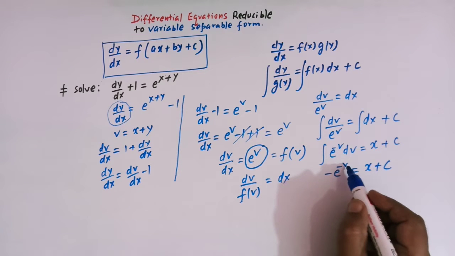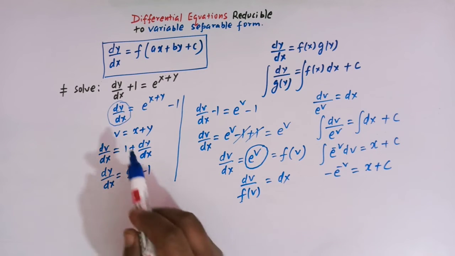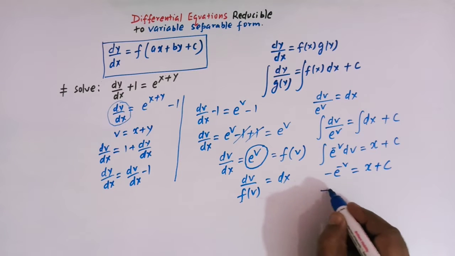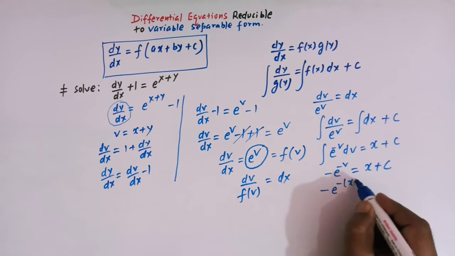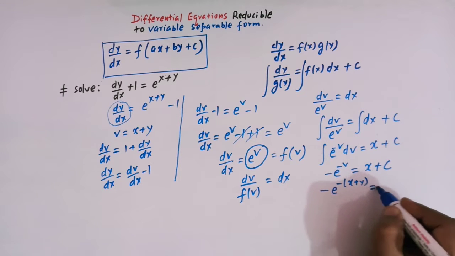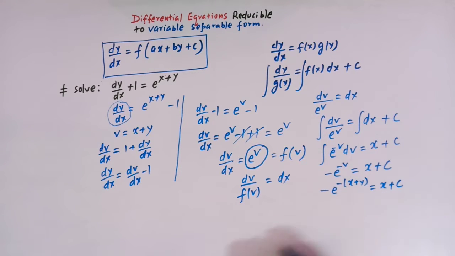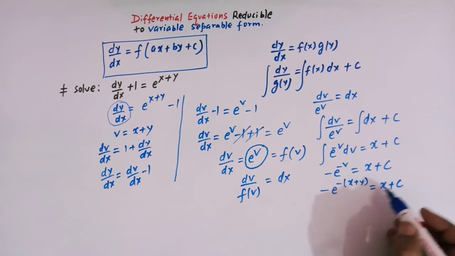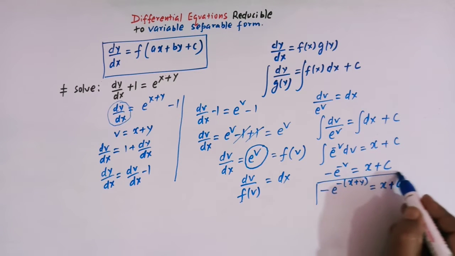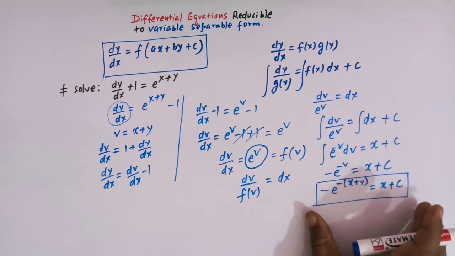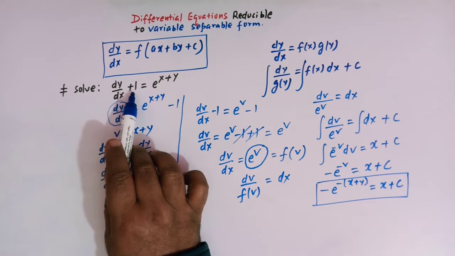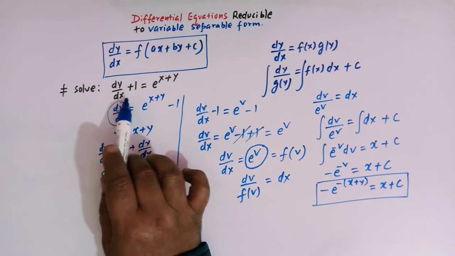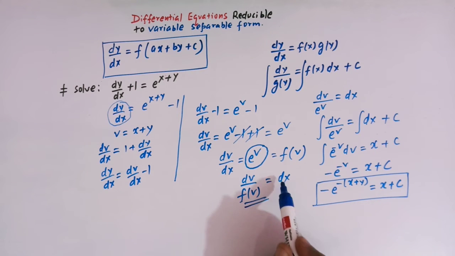And again we can replace this v by x plus y, so here we have minus e raised to minus (x plus y), and that is equal to x plus c, right? So this is the required solution of this differential equation, which has been reduced to the variable separable form.